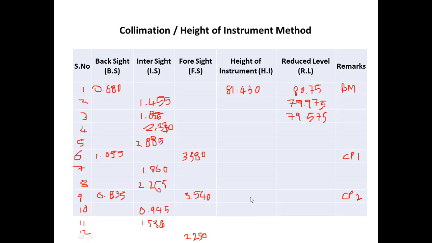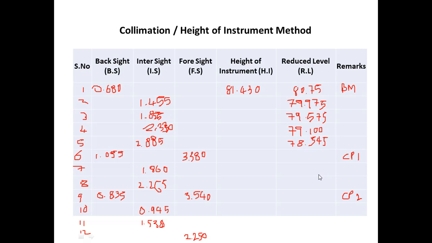Next, 81.430 minus 2.330 gives 79.100. So always we have to take 3 digits after the point. Next, 81.430 minus 2.885 gives 78.545.